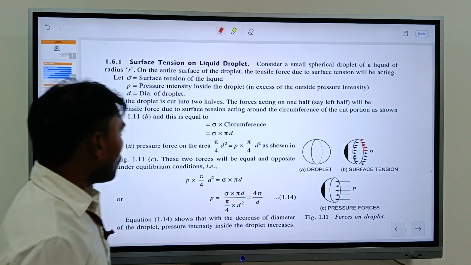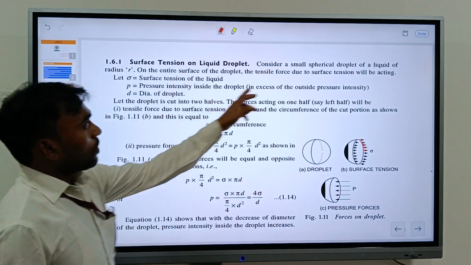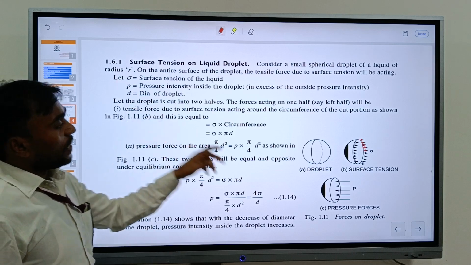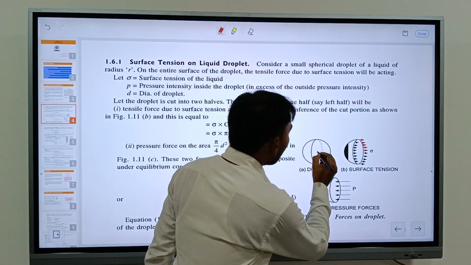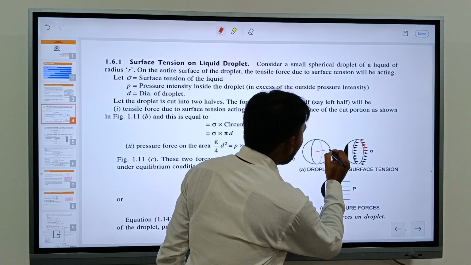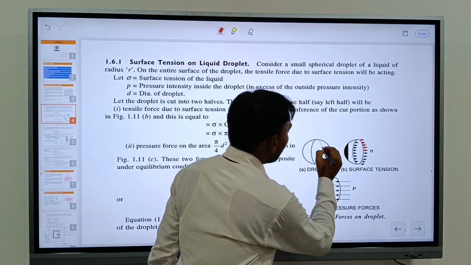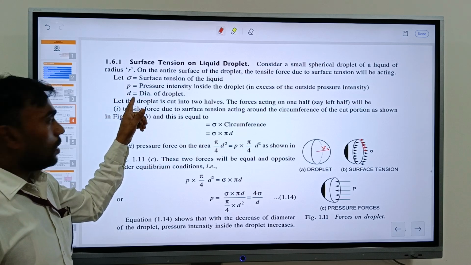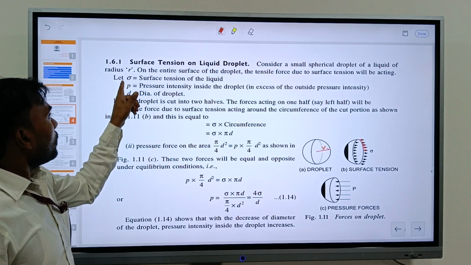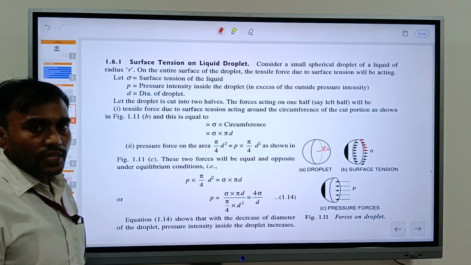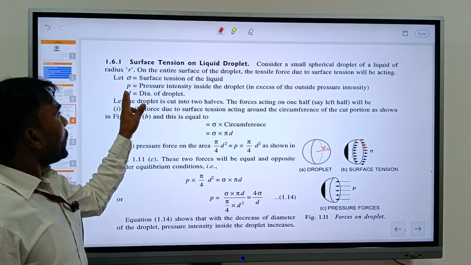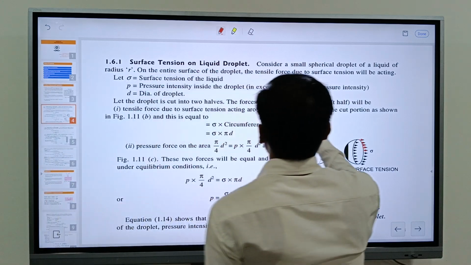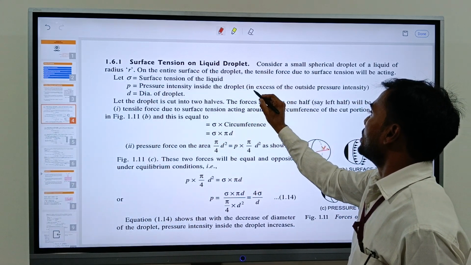Let us assume a small spherical droplet of liquid of radius small r. Let sigma equal the surface tension of the liquid. P is the pressure intensity inside the droplet in excess of the outside pressure intensity.